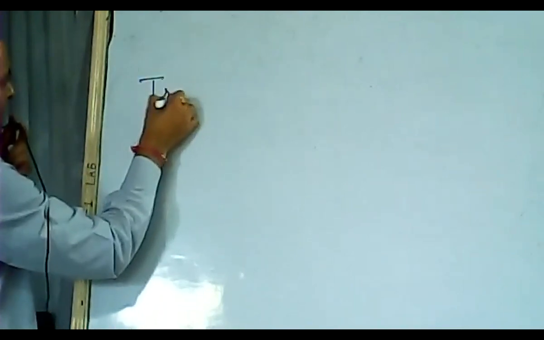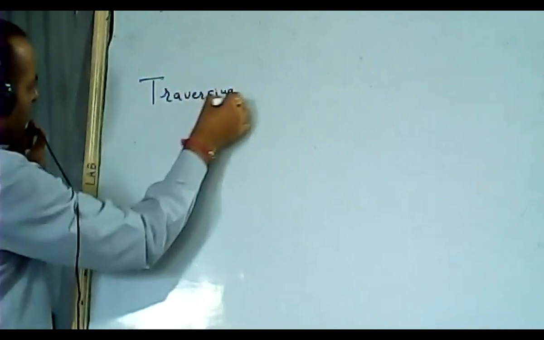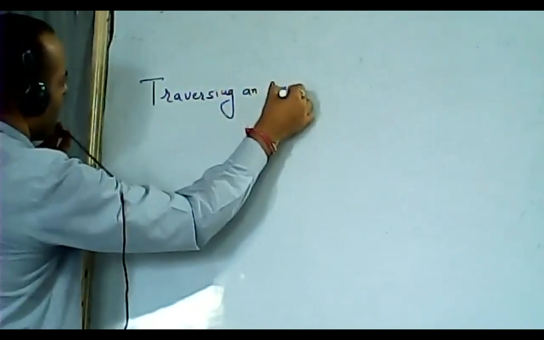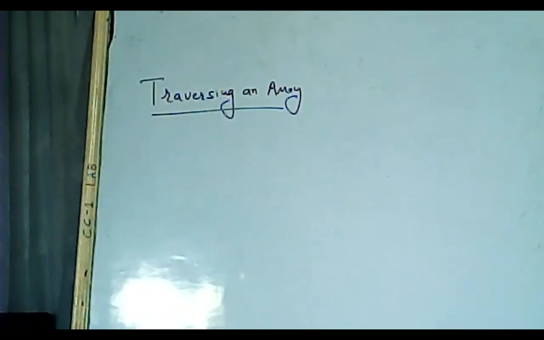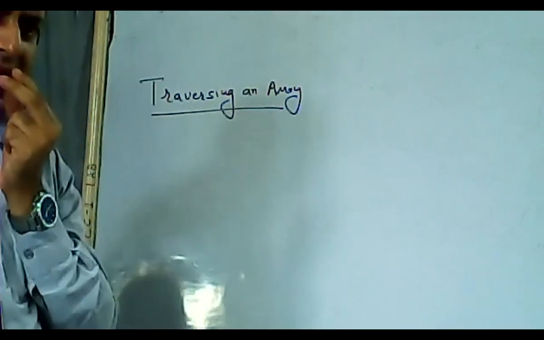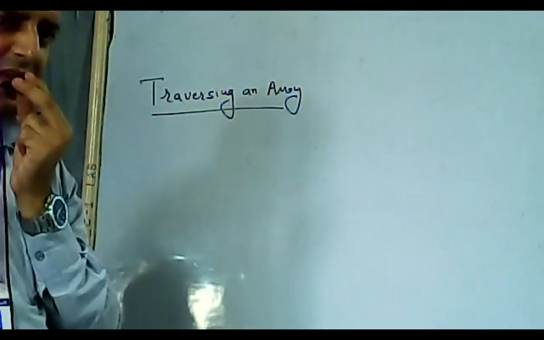Now let us see the next topic. What have I written? Traversing an array. What do you mean by traversing? We have seen this in the first chapter. Processing of each element.